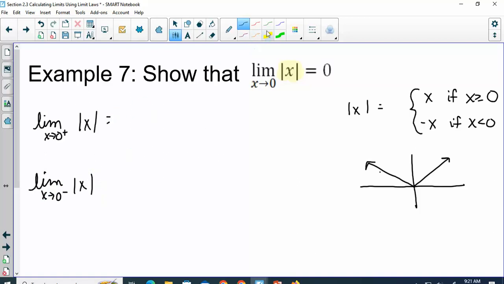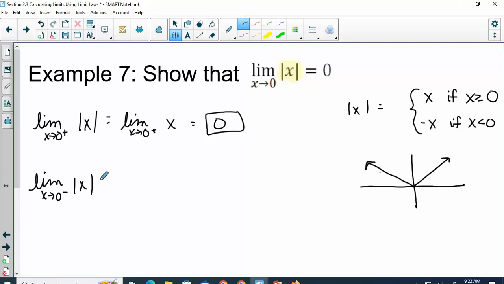If you're approaching 0 from the right, that means from the positive, things bigger than 0. Are you on the first piece or the second piece? The first. So this is the limit as x approaches 0 from the right of x. So we know we can just plug that in. Even though it's 0 from the right, you're still just plugging in the 0.